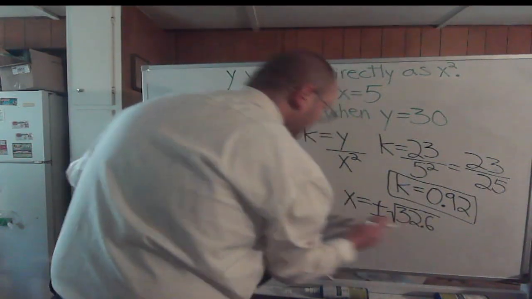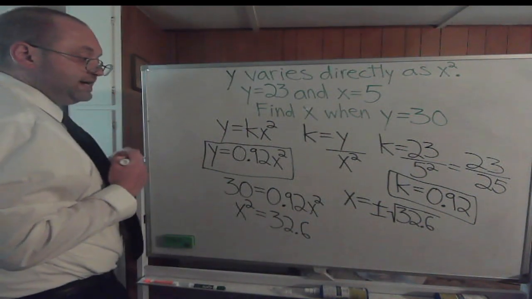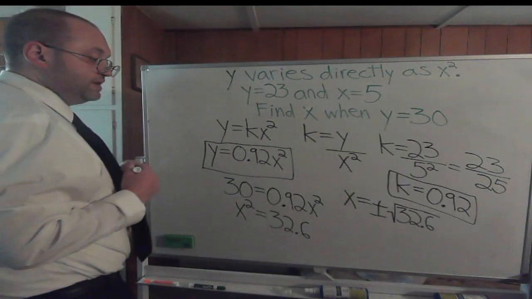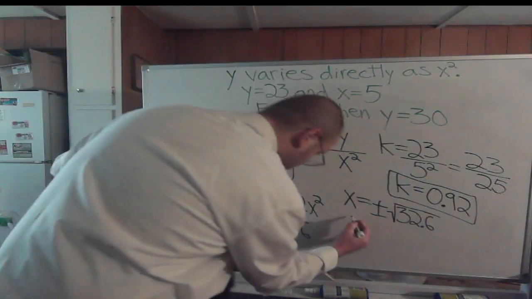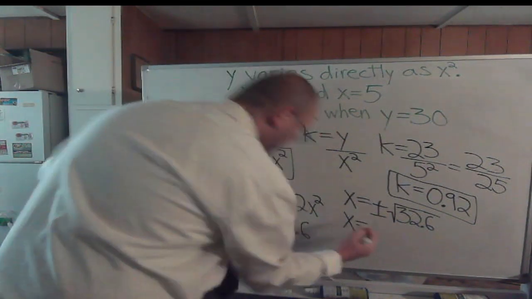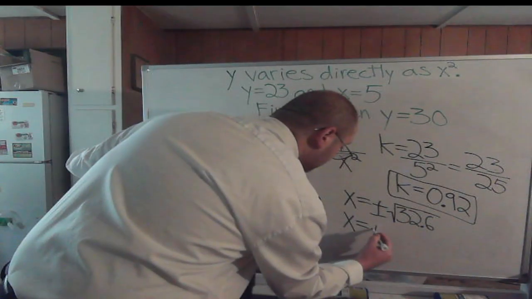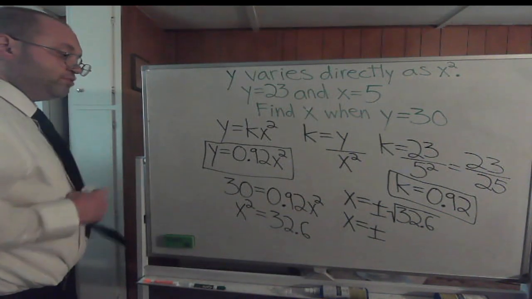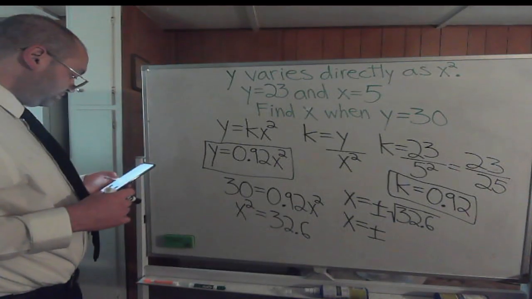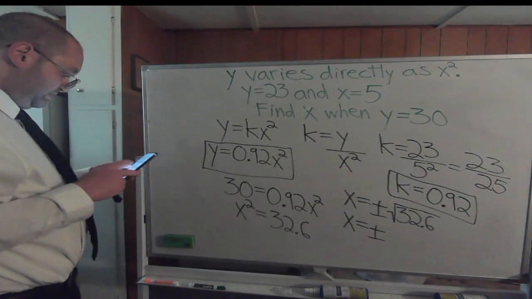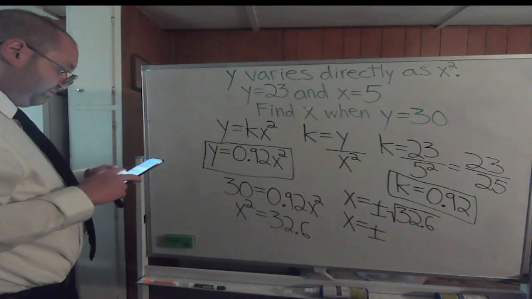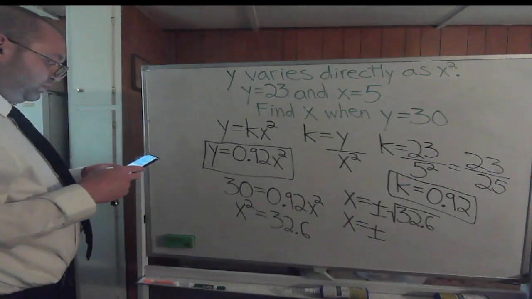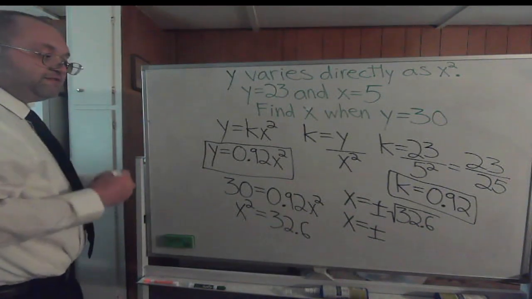So x is actually going to equal both plus and minus the square root of 32.6. So if we go ahead and run that real quick, we'll still have the plus and minus. Now let's take the square root of 32.6. Square root of 32.6 to one decimal place rounds to about 5.7.